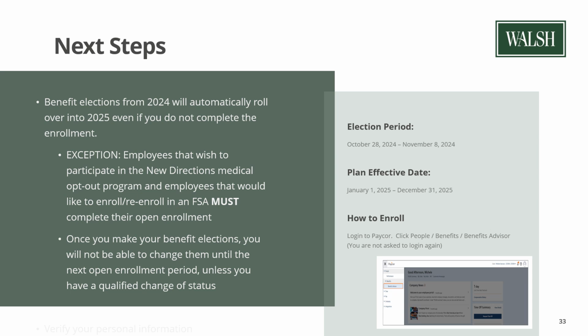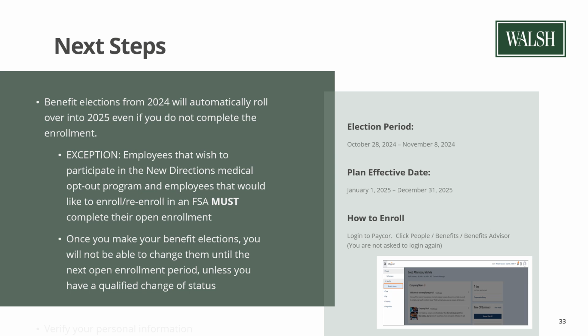Employees that want to participate in the opt-out program, you also need to go through the open enrollment and do the opt-out. It will not roll over from 2024 if you're not taking benefits into 2025.